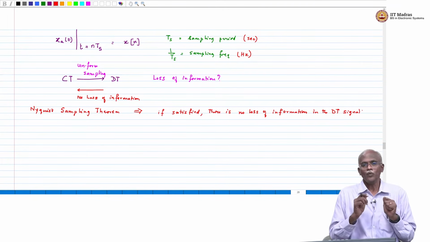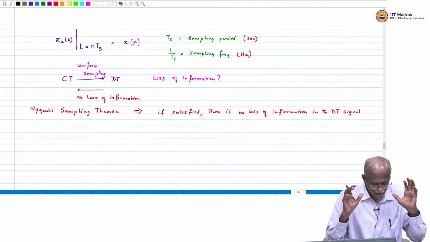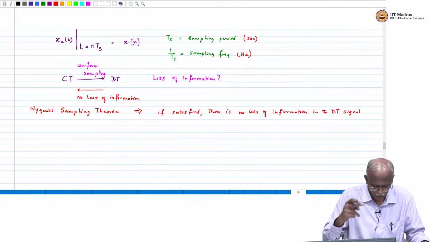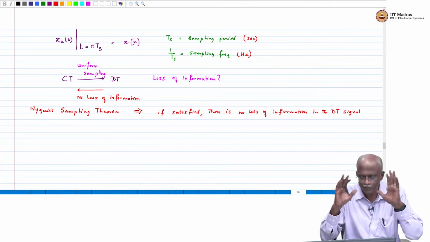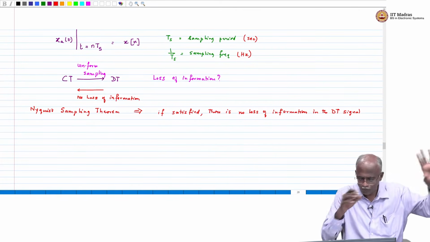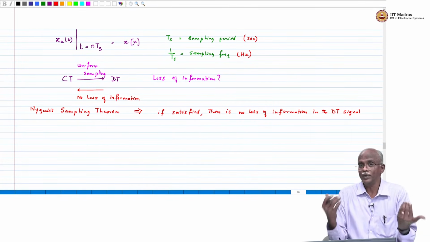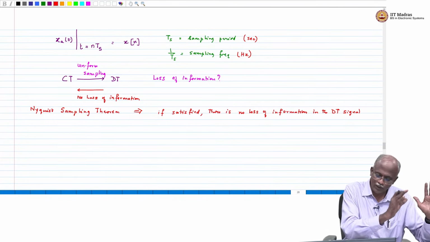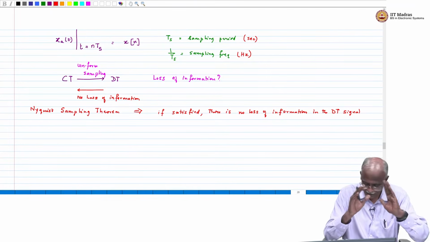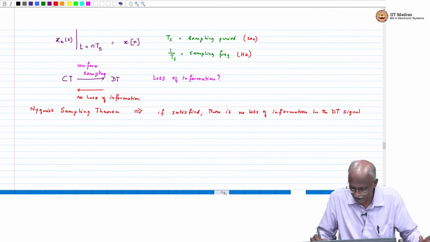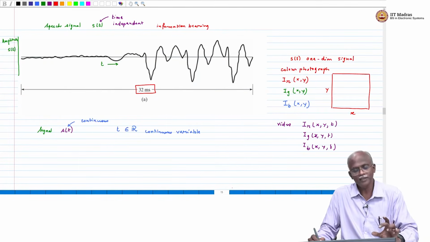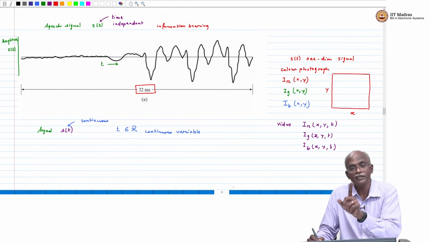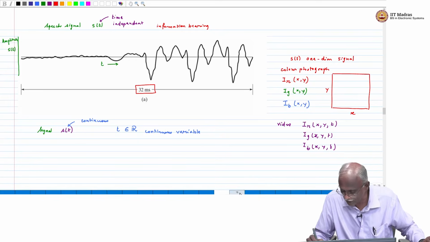Now, this is one important element, and I just wanted to encourage you to keep this picture in mind: we had a speech signal, we sampled it, and did we lose any information? The question goes back to whether we satisfied the Nyquist sampling theorem, which we will study. So for the speech signal that we had, I now want to apply the sampling theorem.